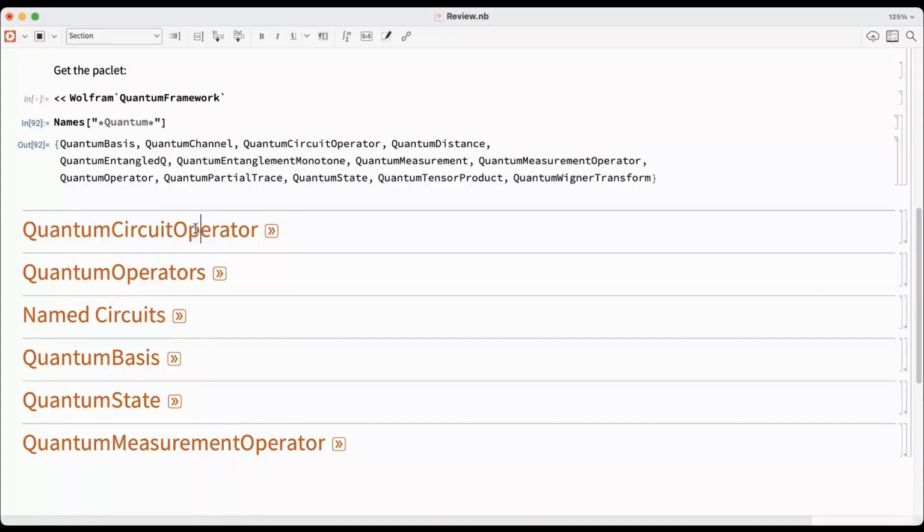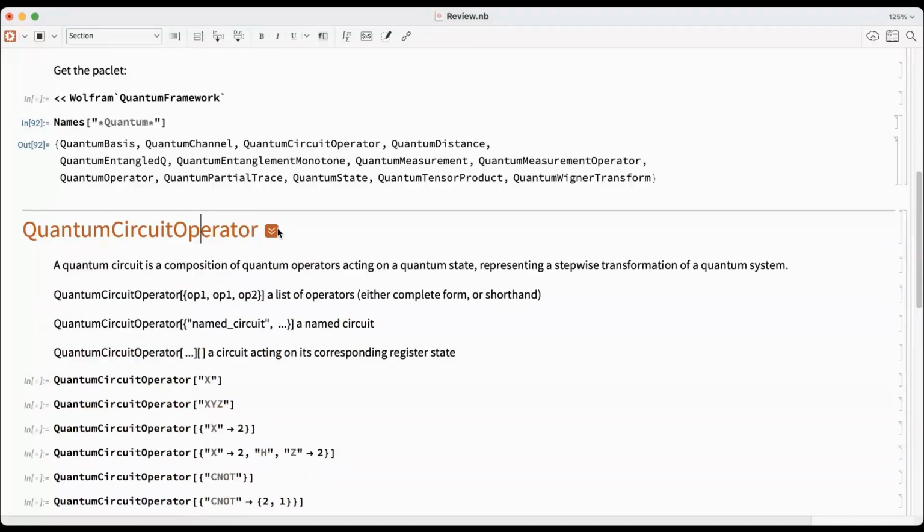I'll give you the big picture: this is what we are gonna do, this is how we are gonna set up everything. And then step by step, we are gonna dive in and explain each of those functionalities in much more detail. So at least in this way, you have a bigger picture, and we can refer to other functionalities whenever we discuss different functionalities. Okay, let us start with the idea of quantum circuit operator.